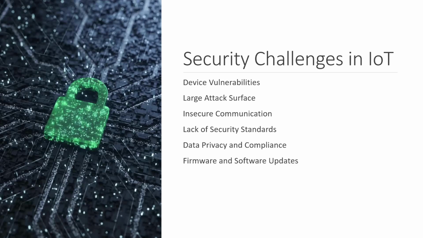IoT devices, though, on security have a lot of challenges because the devices themselves normally are built with limited power and processing. So they're harder for us to make sure that we're using the latest and greatest security aspect. They normally have a very large attack surface because we have a ton of them.